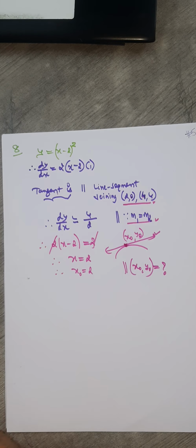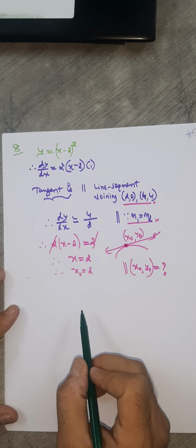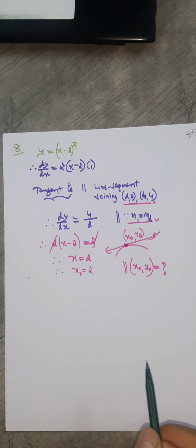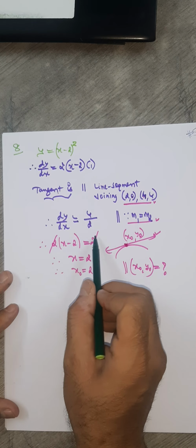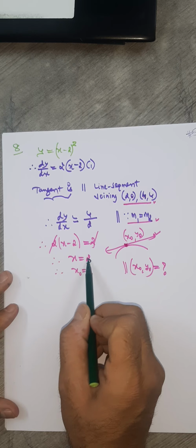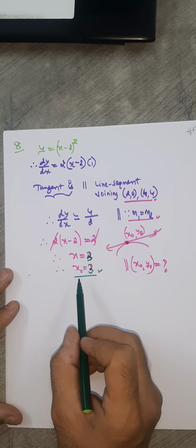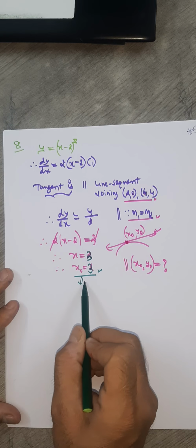Now once you have x0, how do you get y0? The point is always on the curve. I'm sorry, here this will get cancelled, so this is 1 and this will be 3. Just correct it. So x0 is 3 here. Therefore, how do I get y0?